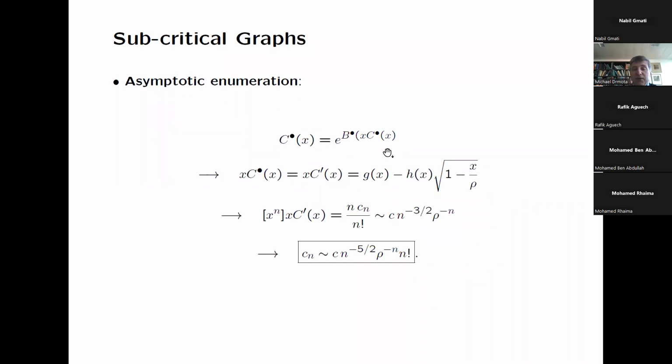So if one equation, we get a squared singularity from this equation, and here we have the pointed connected case. So we have n possibilities to point this. So we get from this asymptotics n to minus 3/2. If we put away this pointed vertex, we have to divide by n and get n to minus 5/2. So this is more or less the reason for this asymptotics.